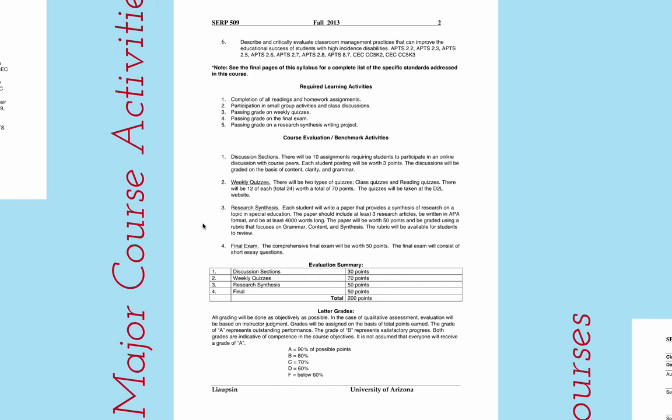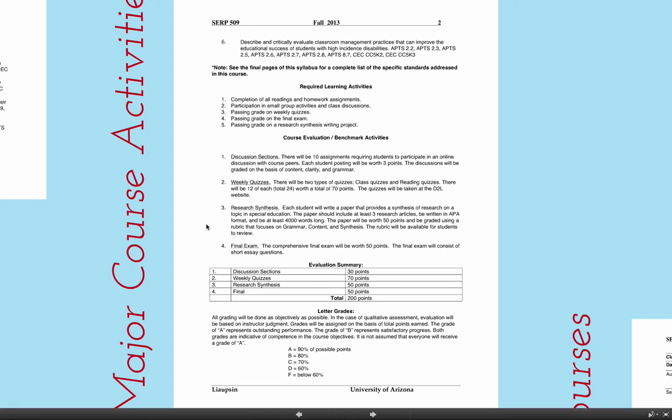And so what I'm asking you to do is to write a research paper that includes at least 3 research articles, that's in APA format, and be about 4,000 to 5,000 words long. And we'll talk more about that in a moment too. And that's worth 50 points, and it's graded on a rubric that focuses on grammar, content, and synthesis. And we'll talk about that in a minute.